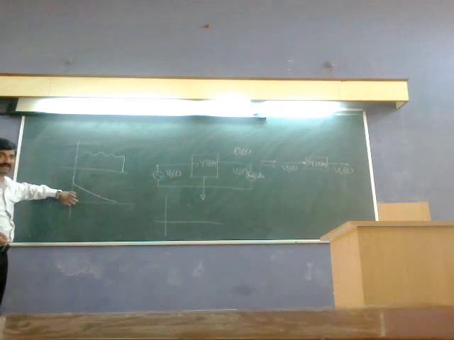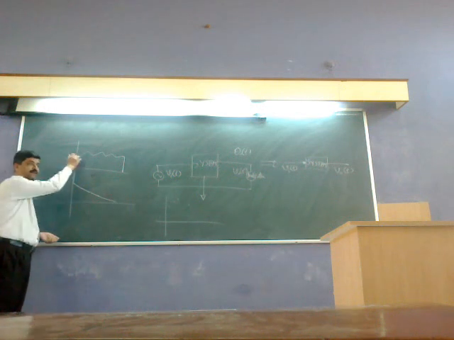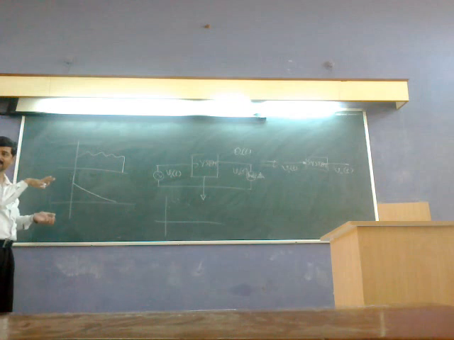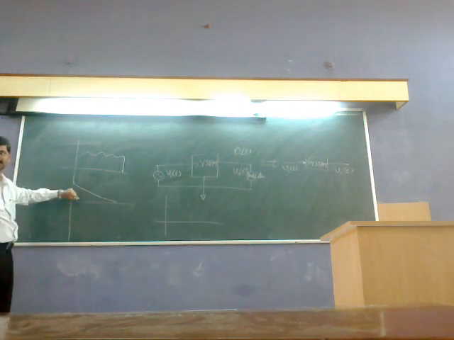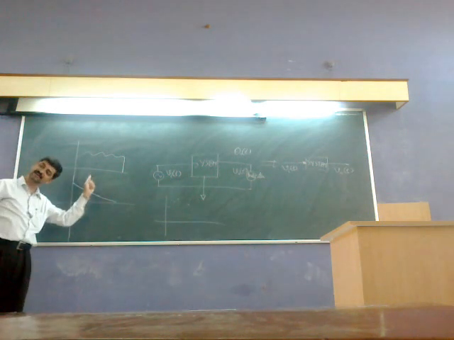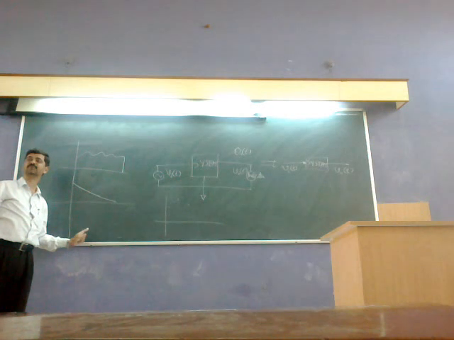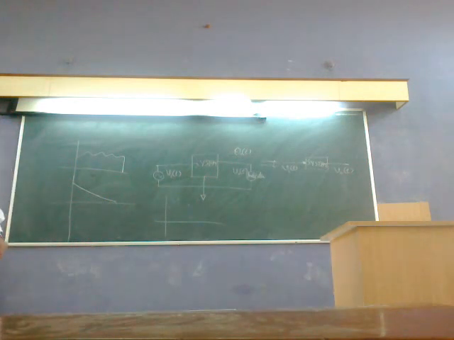So then we multiply. Point to point we multiply these two curves and then prepare a curve which is the multiplication of these two curves, and then find out the area under that curve. And that is what we can say is the weighted sum.